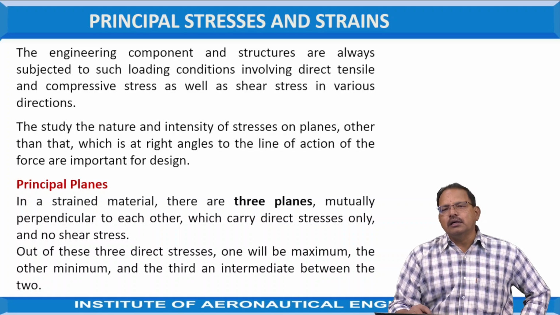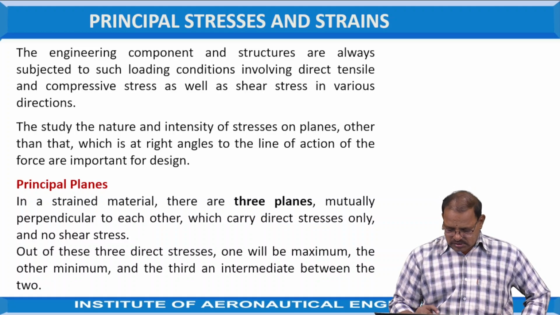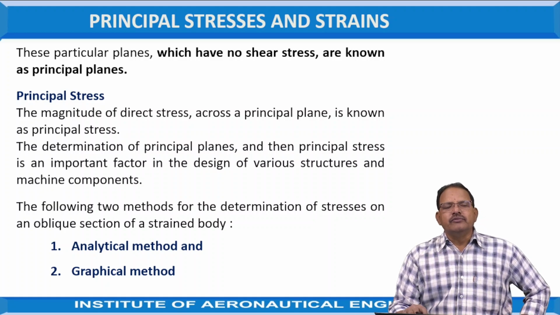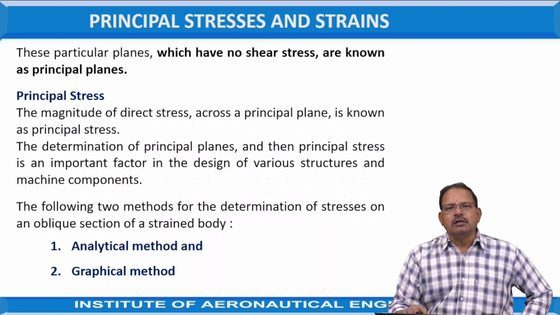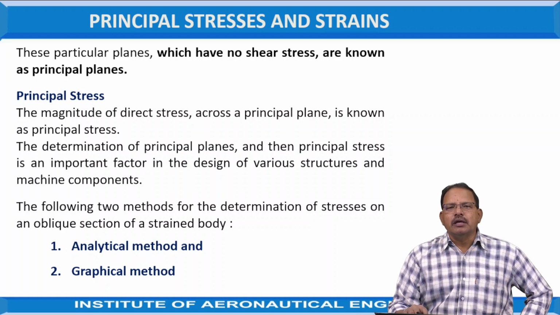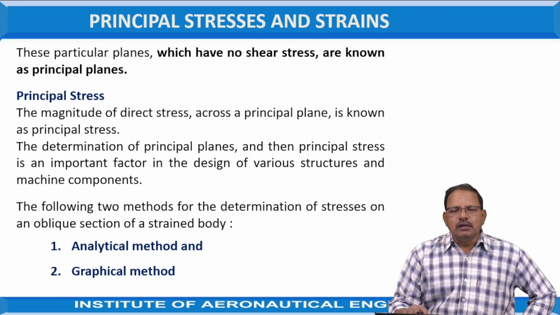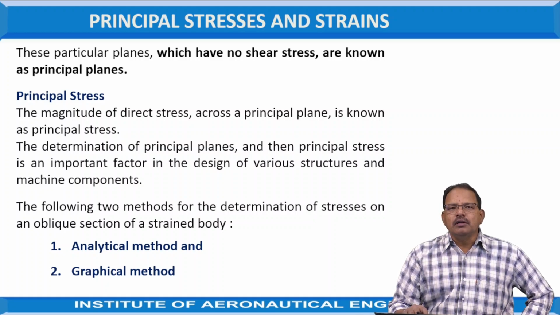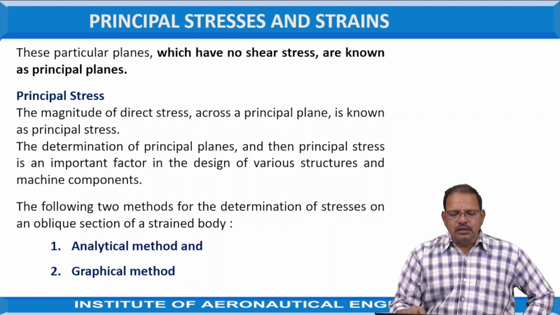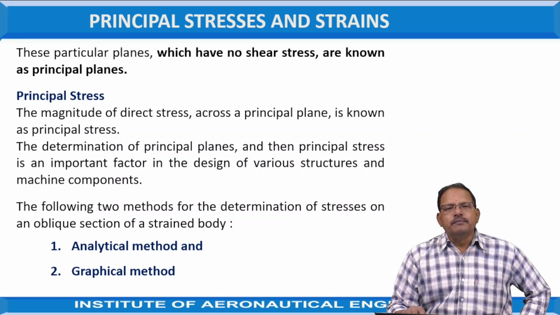All are not equal in magnitude. The particular planes which do not have any shear stress on them are called principal planes. Even though we are discussing three types of stresses, tensile, compressive as well as shear, the planes which do not have any shear stresses at all are known as principal planes.